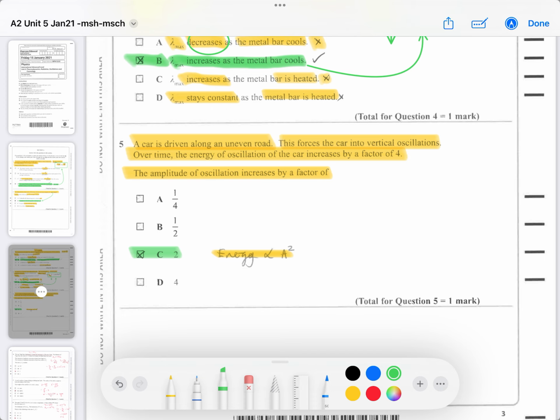Remember, when it oscillates more, it moves further away from the center or the equilibrium. And of course, it's constantly changing between stretching and compressing. It's probably a spring system, the suspension system of the car. As the spring oscillates, it changes between potential energy and kinetic energy. So I think you've got to think of it mathematically and see if it makes sense to you.